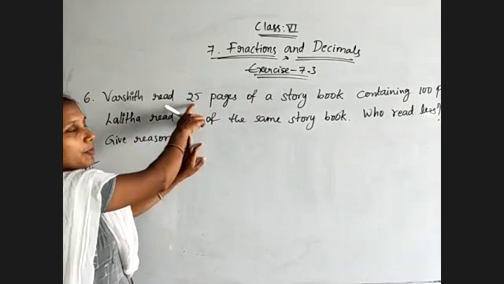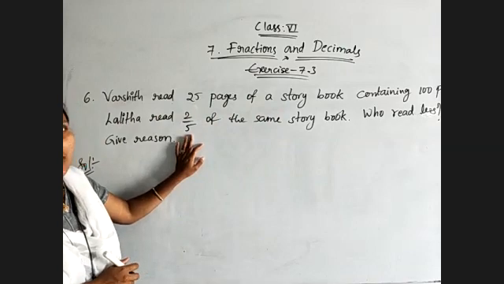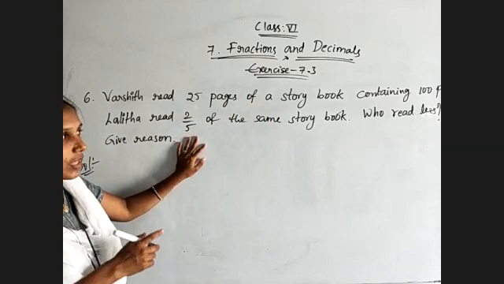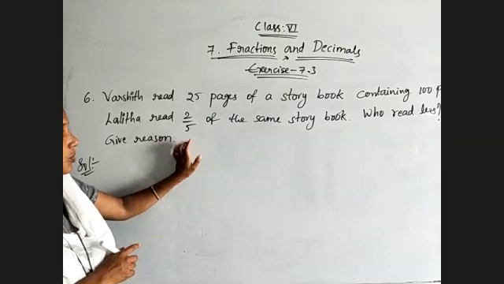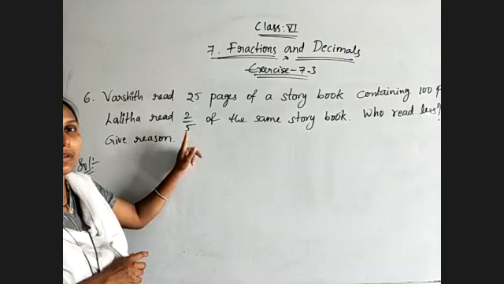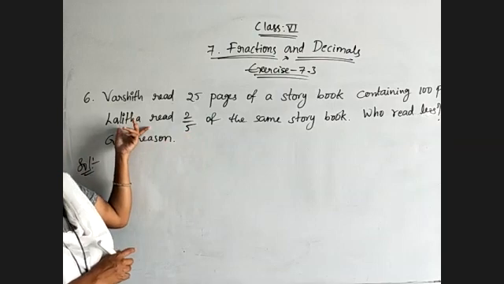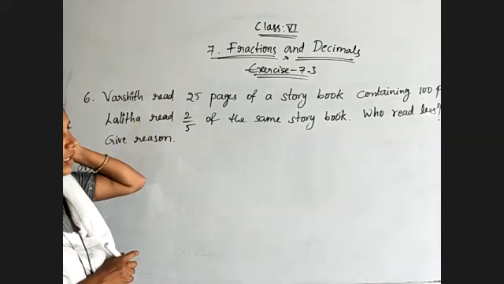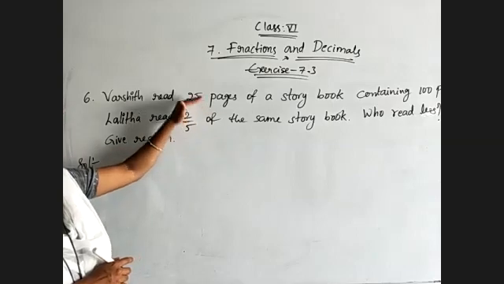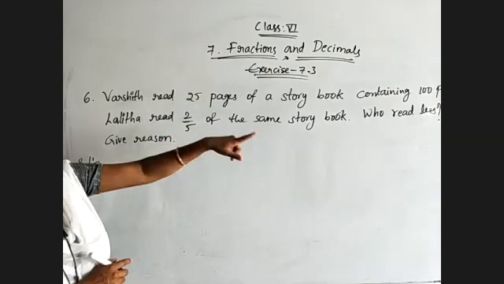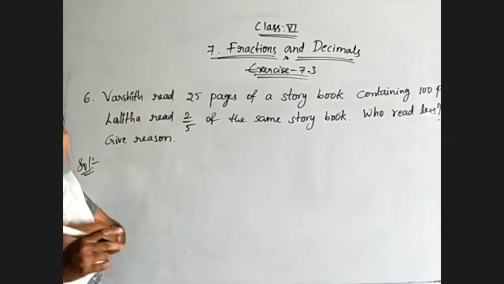Here number of pages is given, but 2/5 is the fractional form. 2/5 of total storybook, yes or no? Means total pages are 100. So 2/5 of 100 we need to find. Then we will get the number of pages read by Lalita. Okay. Then after getting the number of pages, we will compare both the numbers. Then we will decide who read less.